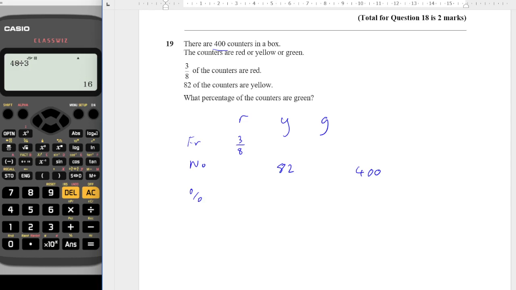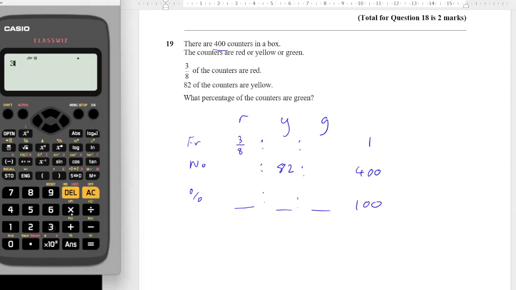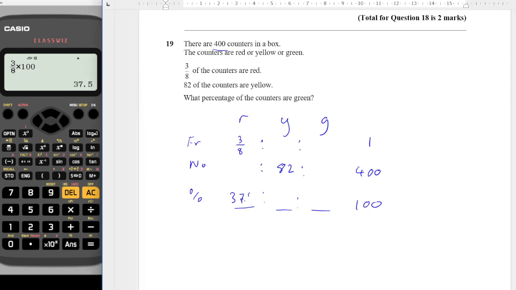So how we do this is up to us. I'm going to switch them all into percentages, but there's nothing wrong with doing it differently. So in effect, I want 3/8 of 100%. So I can put 100 there really, and 1 there. So if I do 3/8 times by 100, and I've got a decimal here, which is okay, I'm going to call that 37.5% of them are red.